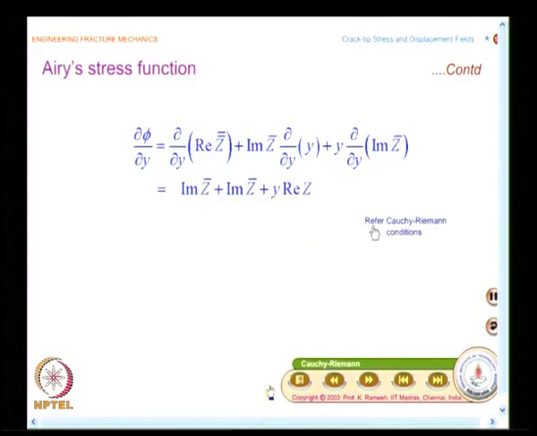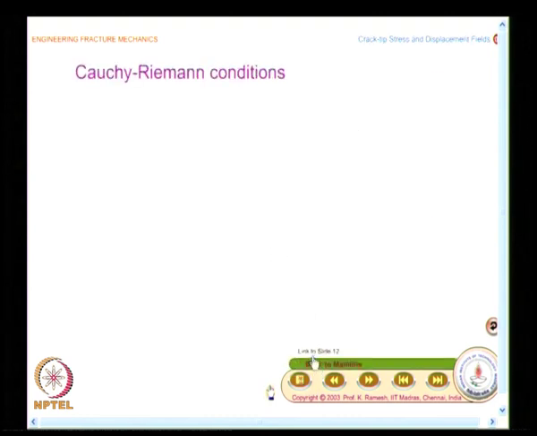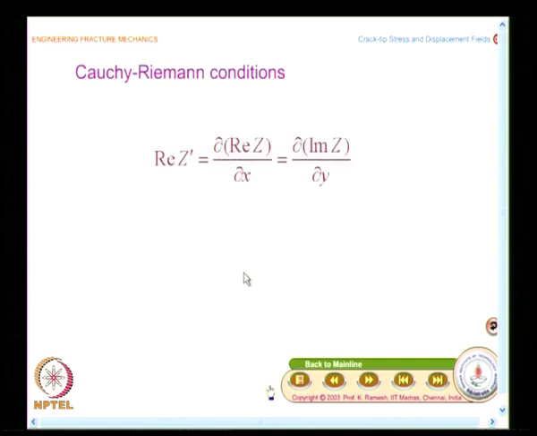So, you have to really look at the Cauchy-Riemann conditions. I have written the first term, I have this as dou by dou y of real part of z double bar, and if I really look at that, there is a minus sign sitting here. So, I cannot forget that.